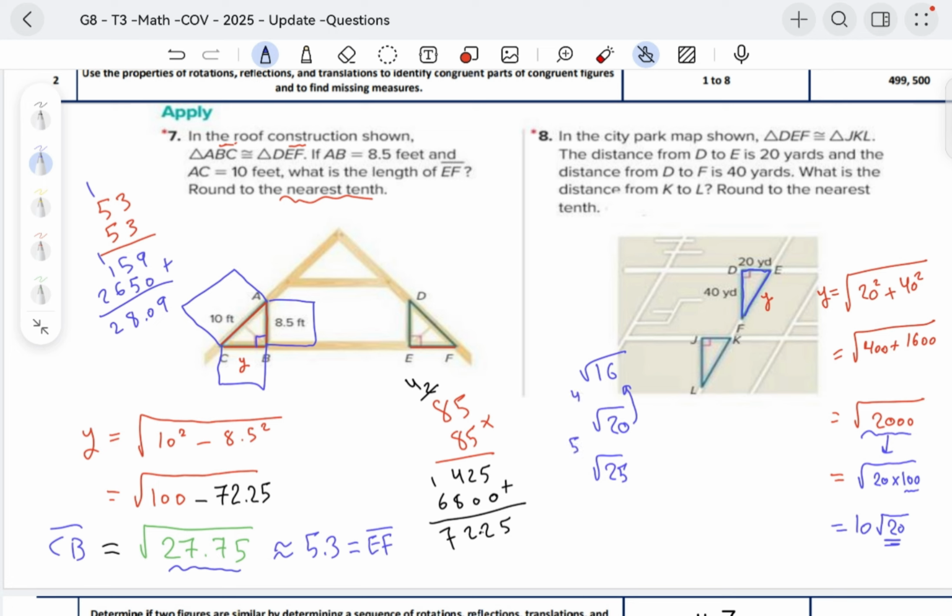So it's a little bit closer to 16 and almost in between. So we can say that this is approximately 4.5. The square root of 16 is 4 and the square root of 25 is 5, and the square root of 20 is somewhere in between, so we can round it to 4.5. Now we can multiply 10 times 4.5, which gives us approximately 45.